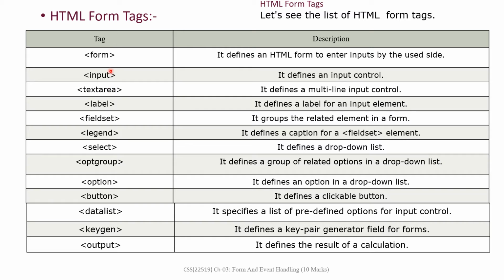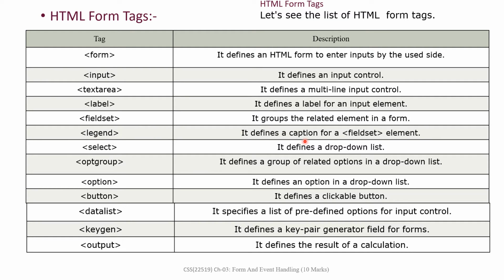First is form. It defines an HTML form to enter input by the user. Input. It defines an input control. Textarea. It defines a multi-line input area. Label. It defines a label for an input element. Fieldset. It groups the related elements in the form. Legend.